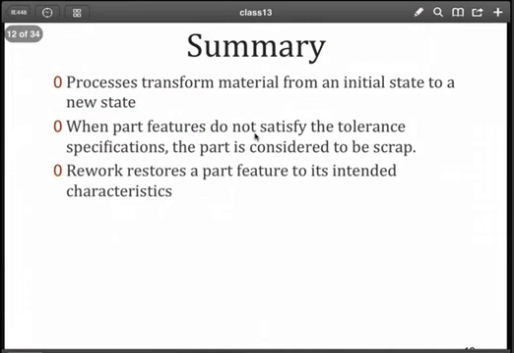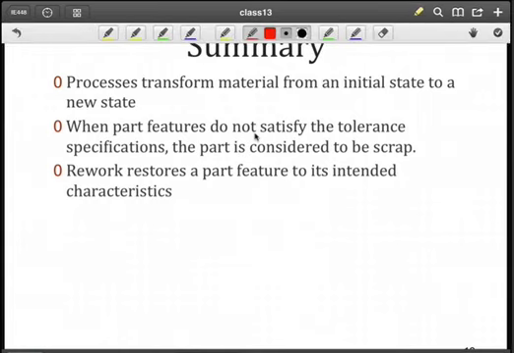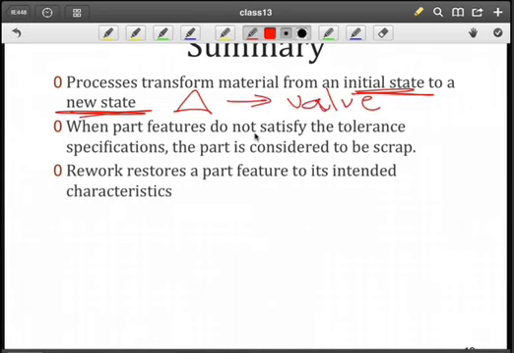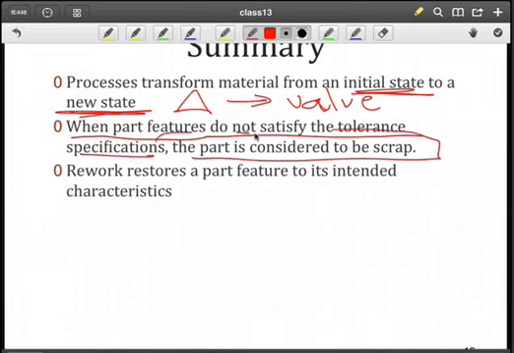So in summary, each individual process is going to transform material from some initial state coming into the process to a new state where we've performed some delta, which represents value that's being added. If we're not producing value, then that particular process is meaningless. When the part features do not satisfy our specifications, then we consider that part to be scrap. And then we have to make a decision. That decision may involve rework, where we restore the part feature to its intended characteristics, or we take that part and place it into the waste stream.